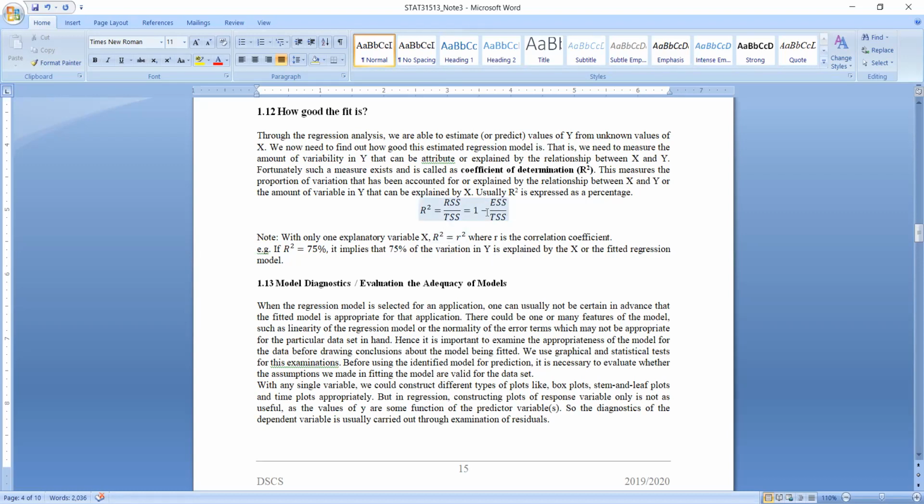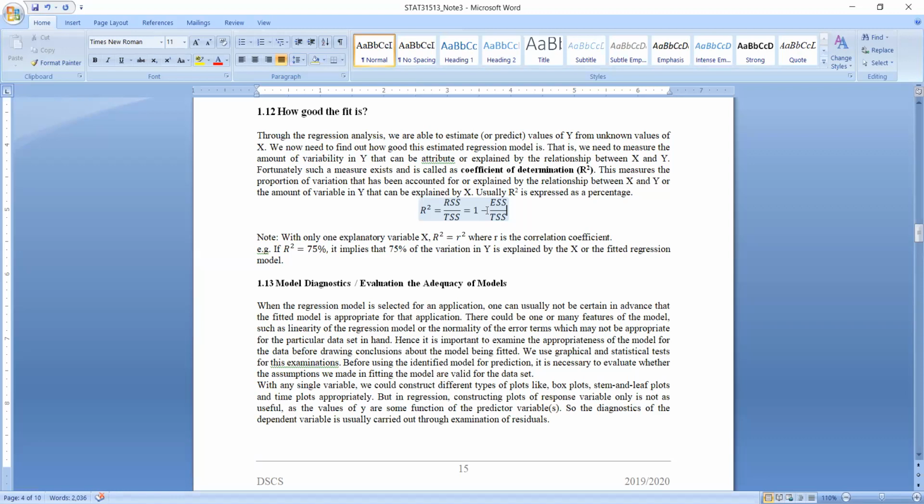Okay, and when it comes to simple linear regression, since you have only one x variable, when you calculate this r squared value, that is the same as the correlation. We know when you have two variables x and y, at the beginning of this course we discussed how to calculate the correlation coefficient. If you calculate the correlation coefficient and check it against this r squared value, you'll get the same value in the simple linear regression, right?